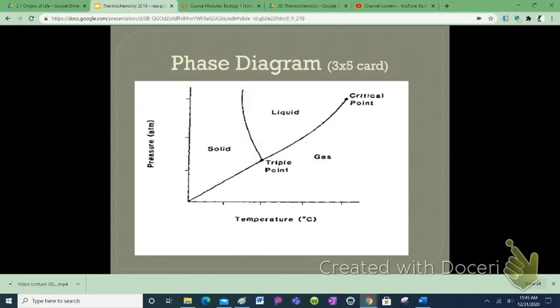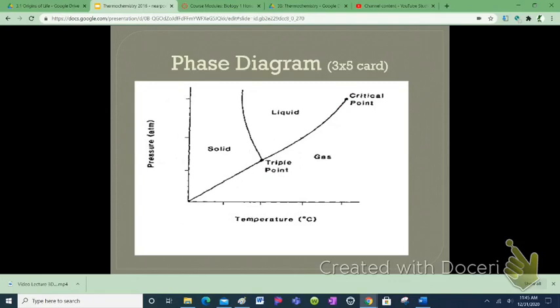I can do the total opposite. I can say at a particular temperature, I change the pressure. You can tell me what that state is going to be. Or at this temperature, I change the pressure from here to here. What's going to happen? It's going to go from gas to liquid and back and forth.